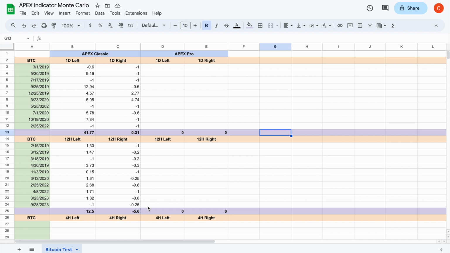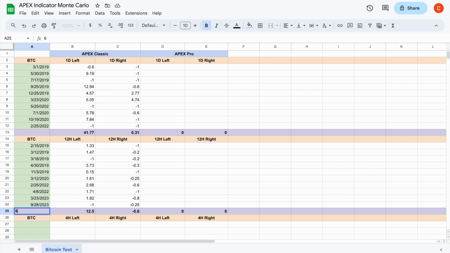And let me get a calculator out just to work with this. So 12.5 minus 5.6. So you would have got 6.9 R for that.